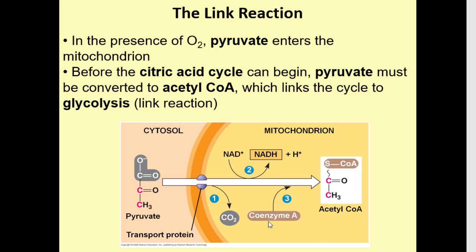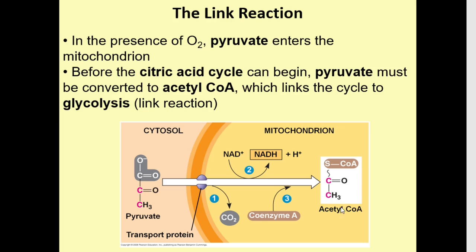Don't go worrying too much about this. The coenzyme A and the acetyl-CoA is basically there just to link glycolysis to the citric acid cycle, which comes next. The key thing to know about the link reaction really is that we lose some of the structure of our glucose, so carbon dioxide is given off, and we've harvested up some more electrons.